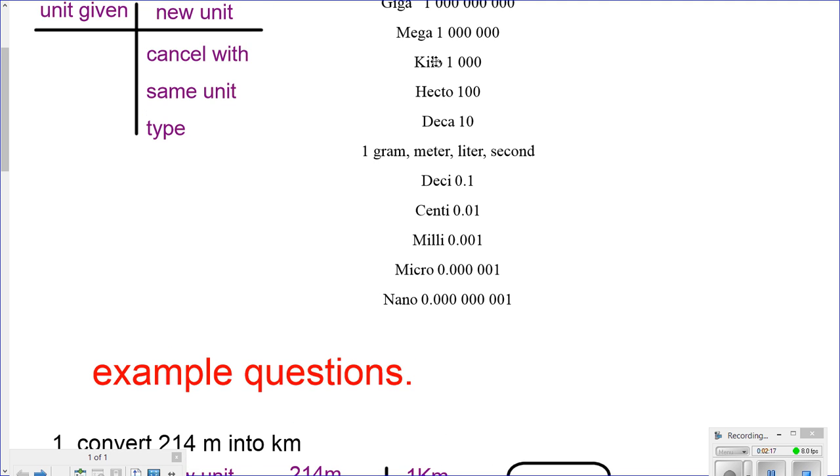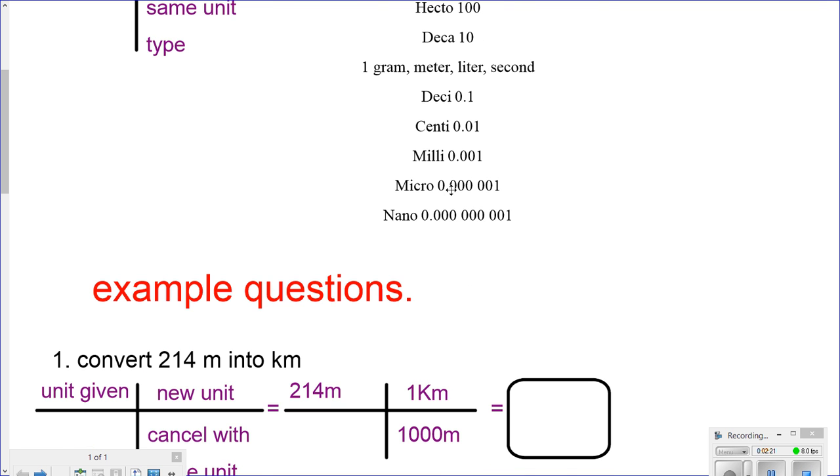Between kilos and the baseline, there are 3 spaces difference. Therefore, between the kilometers and the meter, the kilometer is bigger, and that keeps the 1. The meters keeps the 1,000 because there is more meters in 1 kilometer.